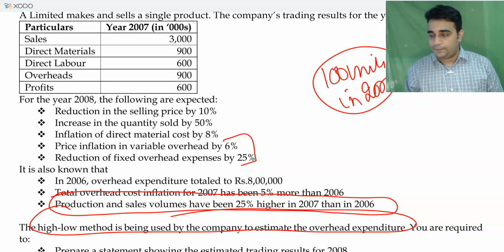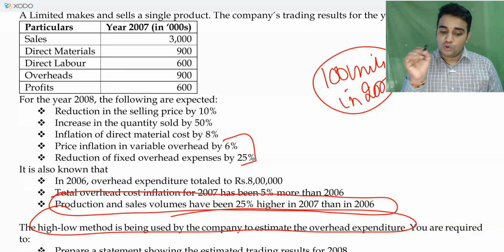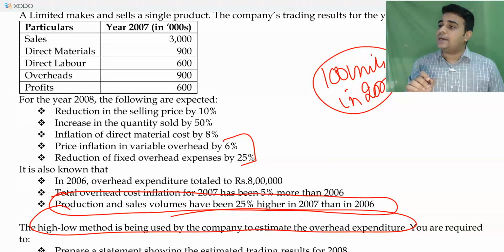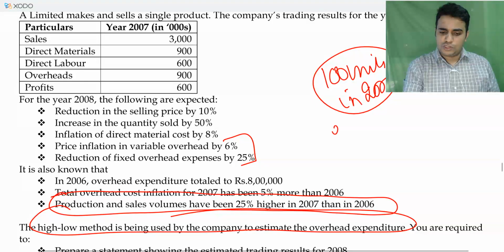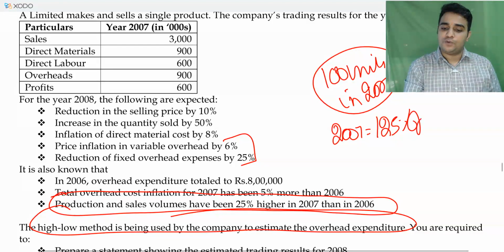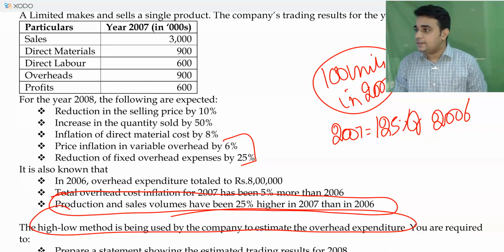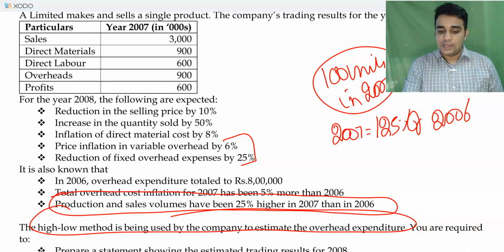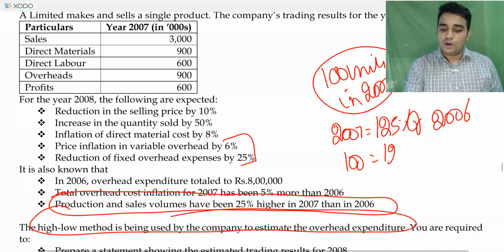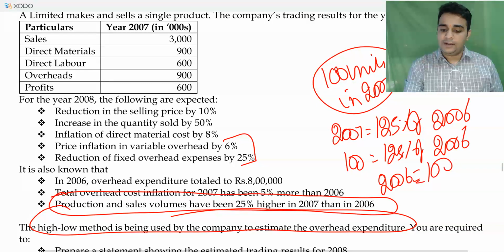You cannot subtract 25%. What they have said is 2007 is 25% higher than 2006. So 2007 is equal to 125% of 2006. So 100 is equal to 125% of 2006, and 2006 volume is 100 divided by 125%, 80.